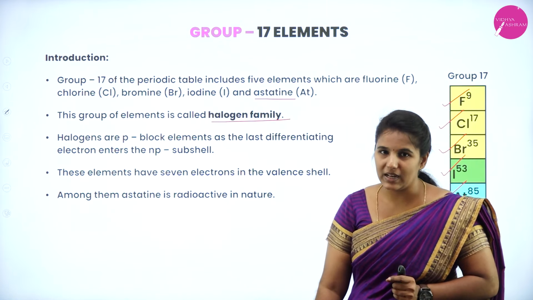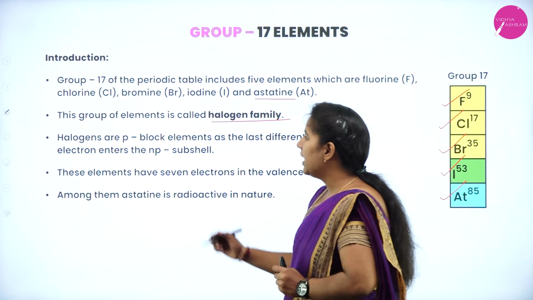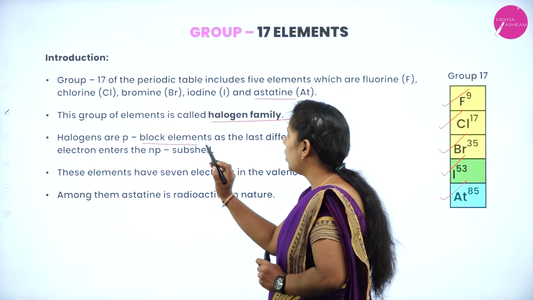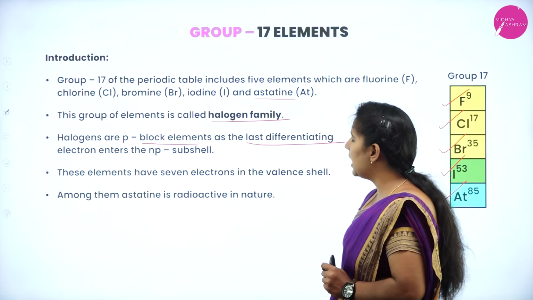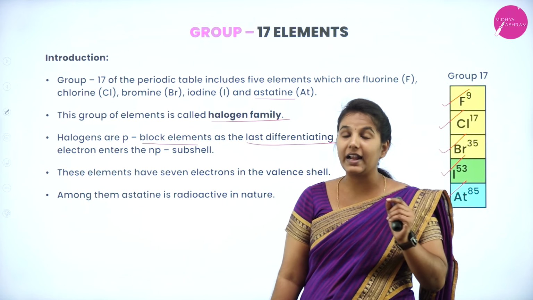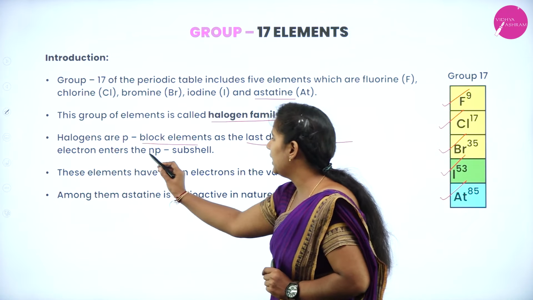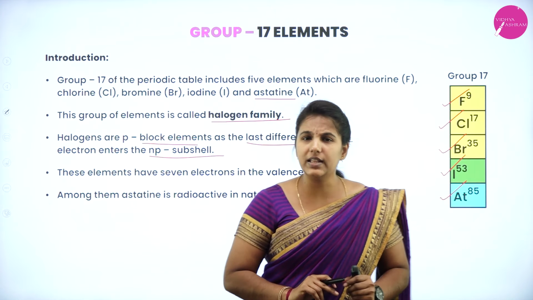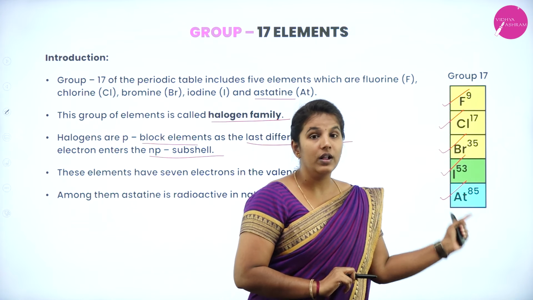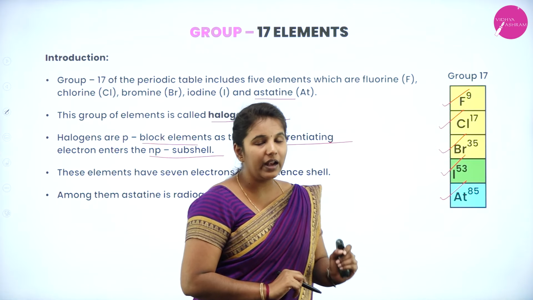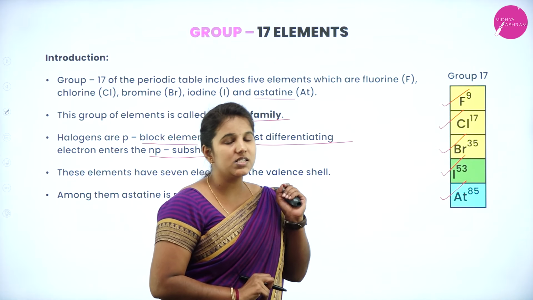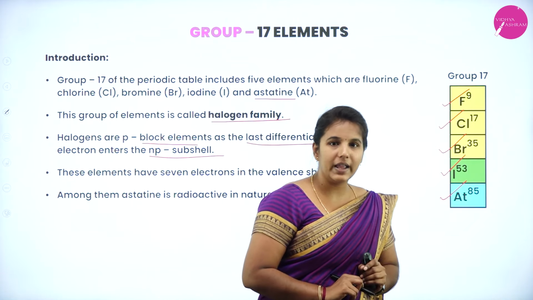Halogen family. And halogens are P block elements, where the last differentiating electron enters the np subshell. If you see that all these elements, the last electrons enter the p subshell, hence they belong to the P block elements.